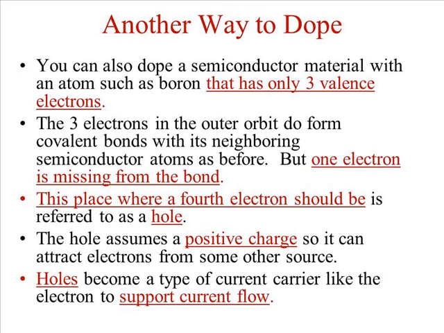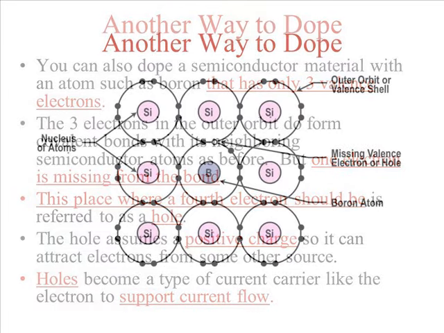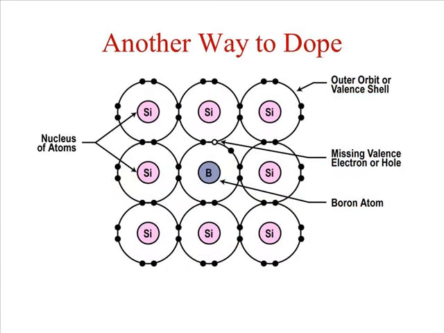So focus: 4 valence electrons with silicon, pretty good insulator, add an impurity with 5 valence electrons, get that single one, it's free to move. You can also dope with 3 valence electrons. So now, instead of an extra electron, you have a little hole there. That hole actually acts like a positive charge that pulls electrons into it and also supports the current flow. That's when they use boron.